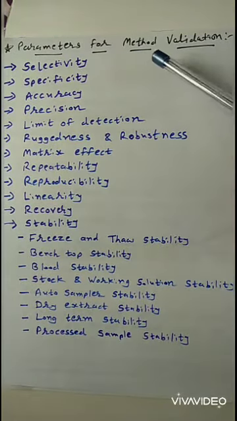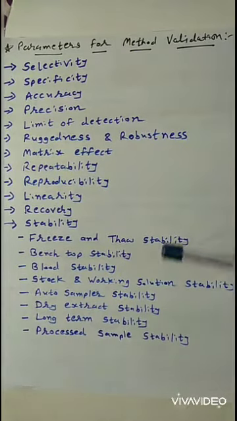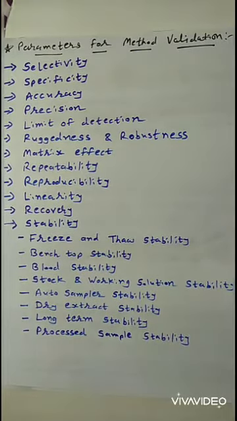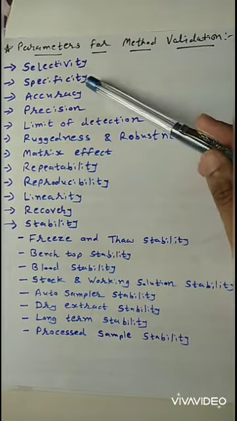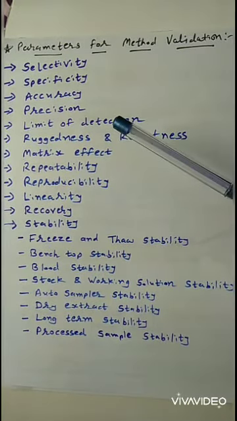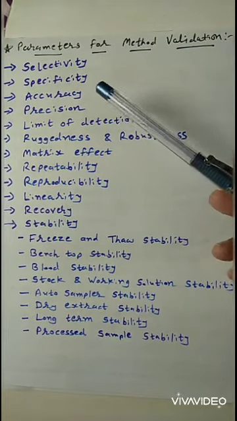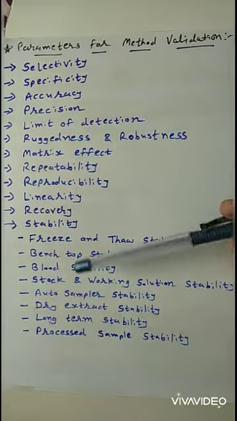So these are all experiments we perform during method validation. Today we learn about selectivity, specificity and carryover experiments in detail. Later on we will learn other experiments in the next session.